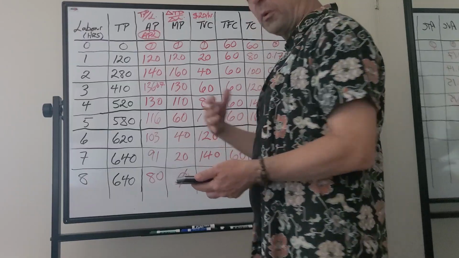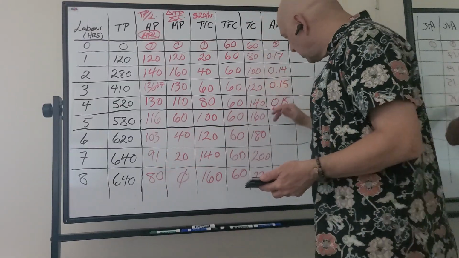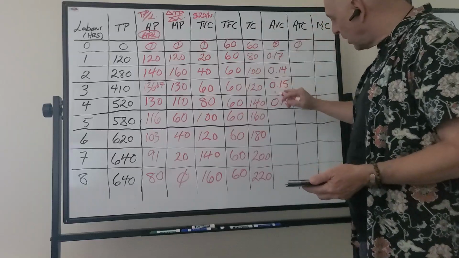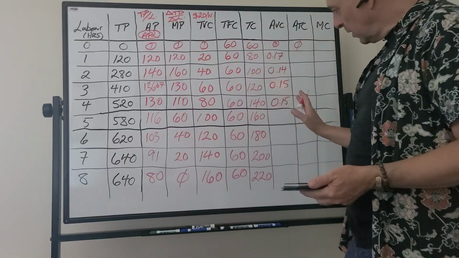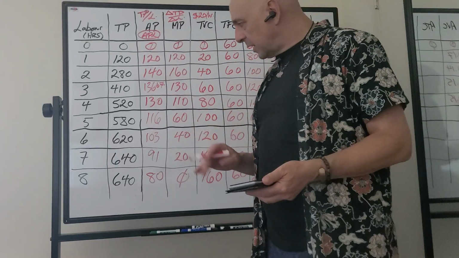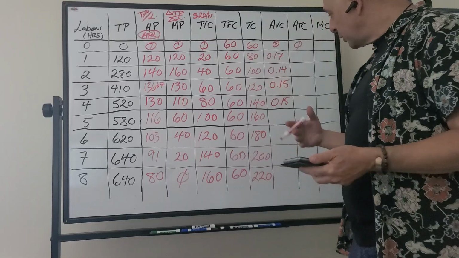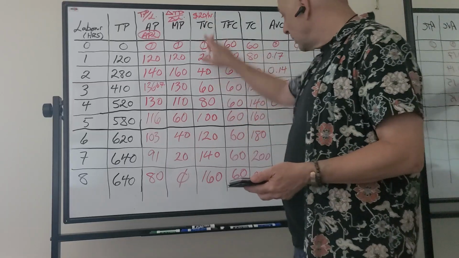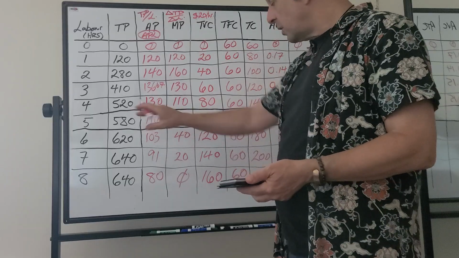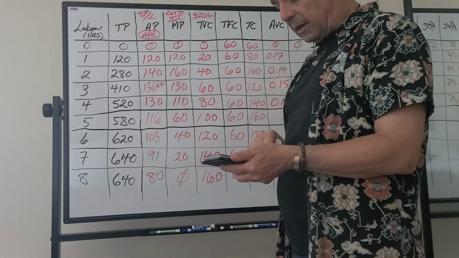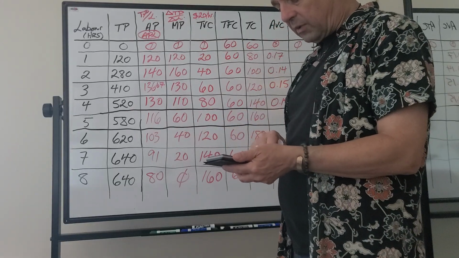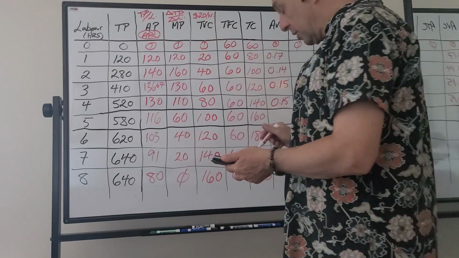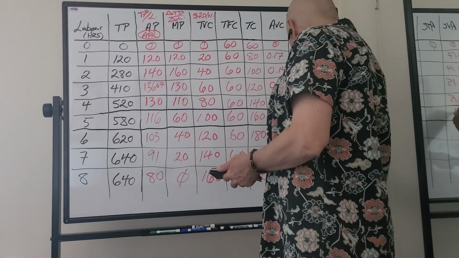If you could see three decimal places, you'll see that this is starting to rise. This was just under 15. This is just over 15. So the cost is rising again. Total variable cost of 100 divided by 580 items is about 0.17.